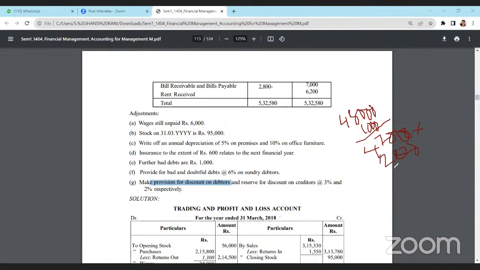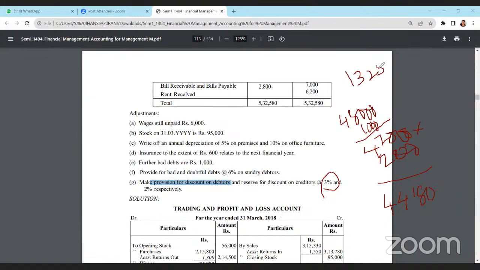So when I deduct this, 47,000 minus 2,820 comes to 44,180. On this, I will calculate the discount amount. What is the discount percentage given? Discount on debtors is 3%. So 44,180 into 3% comes to 1,325.